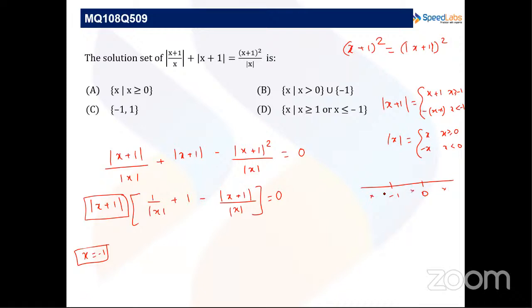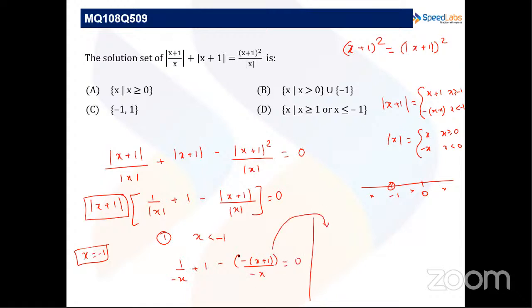So let's take this zone first. Case 1, when x is less than minus 1, obviously in that case it is less than 0, so we would have minus of x plus 1 minus of minus x plus 1 upon minus x equals to 0.